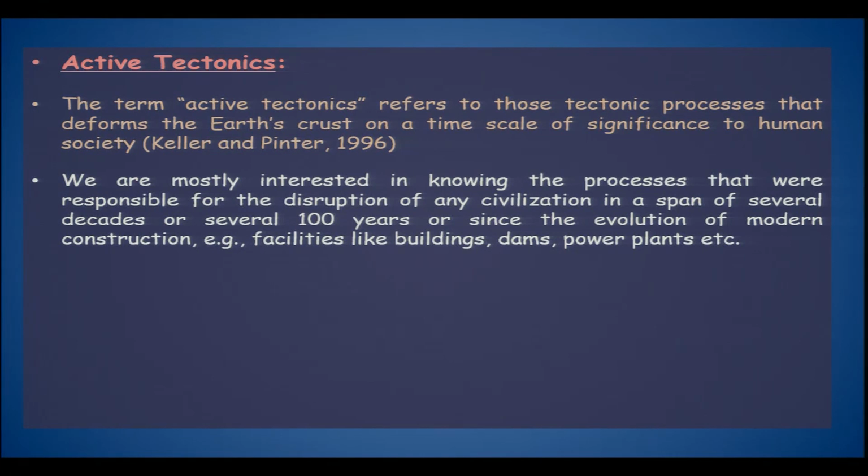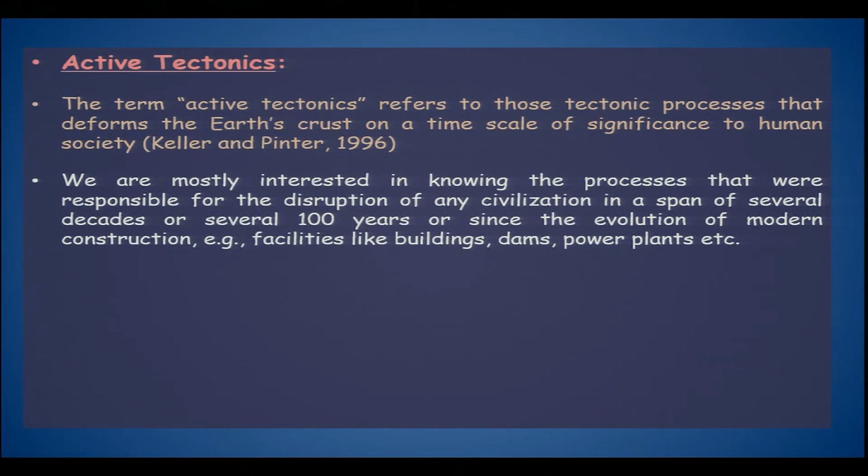We are mostly interested in knowing the processes that were responsible for the disruption of any civilization in a span of several decades or several hundred years, or since the evolution of modern construction, for example facilities like buildings, dams, power plants, etc. These are the lifeline structures which will be damaged or disrupted, and earthquakes can affect whole settlements.